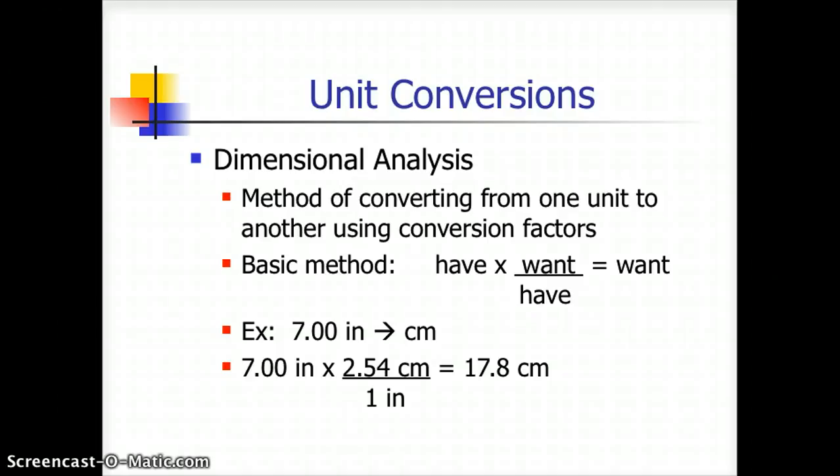I make sure that my units are in the numerator and denominator so they can be canceled. So I take my 7 inches times my conversion of 2.54 centimeters over 1 inch. When I cancel my units, I'm left with centimeters, and I do the math: 7 times 2.54 gives me 17.8 centimeters.